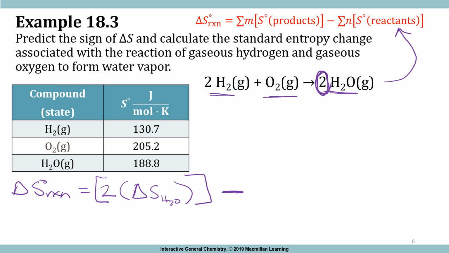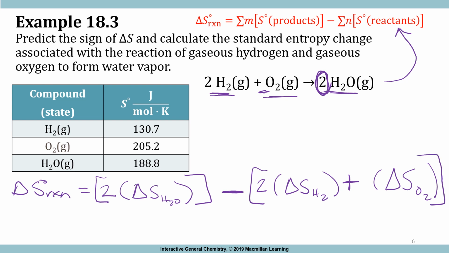And then you subtract the sum of the reactants. We have H2, and there's a 2 out front, so it's going to be 2 times the delta S of H2, and then the sum means I have to add all of the reactant entropies up. There's a 1 out front of O2, so we're not including that, so it's just the delta S of O2.